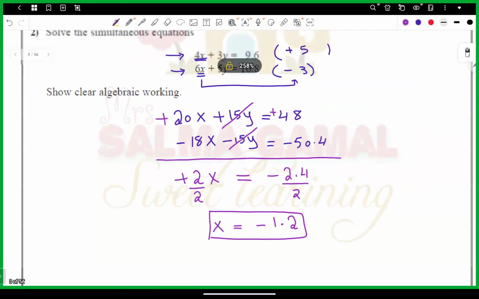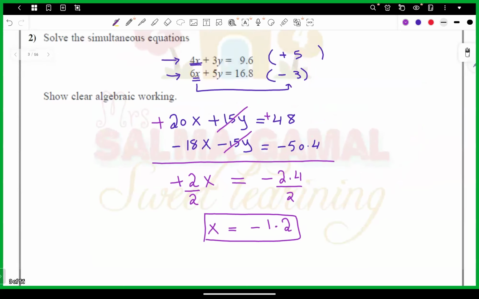How can I get the value of y? From the main equation that you have, substitute x with minus 1.2.